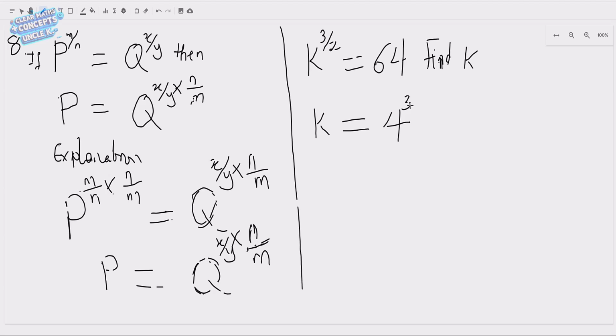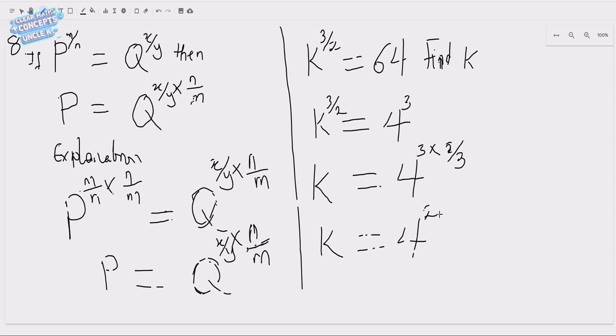So both are now in index form. k will be 4 raised to the power 3 times the inverse of the power of k. So k will be 4 raised to the power 2, which is 16.